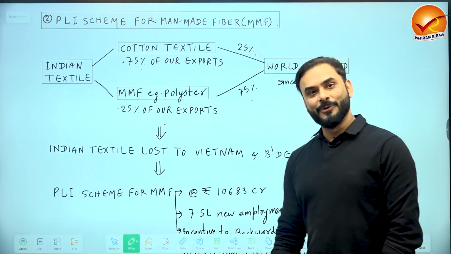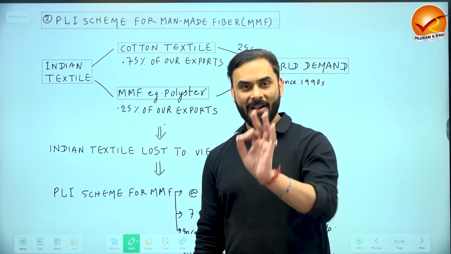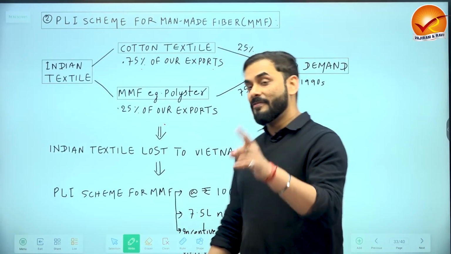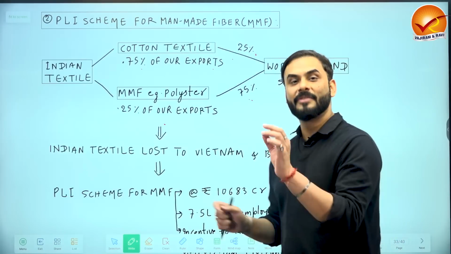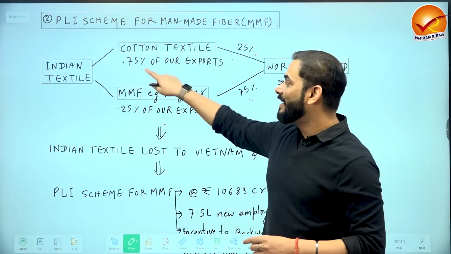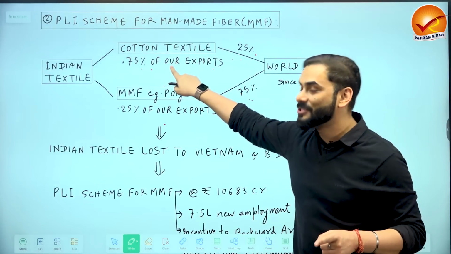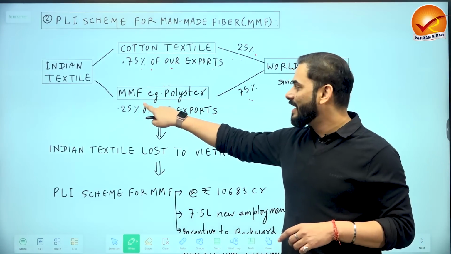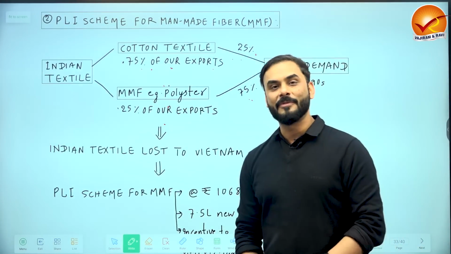So if in the world 100 kilograms of textile is demanded, 25 kilograms is cotton and 75 kilograms is man-made fibers. But what is India exporting the most? India is exporting more of cotton fibers. The world is demanding less of cotton fibers. India is exporting less of man-made fibers. The world is demanding more of man-made fibers.